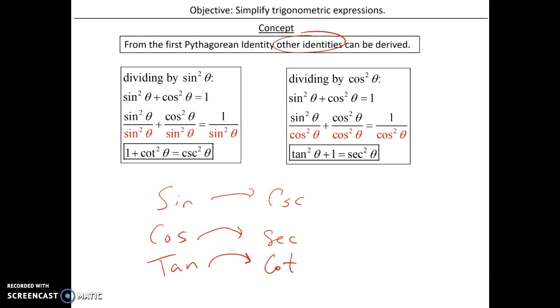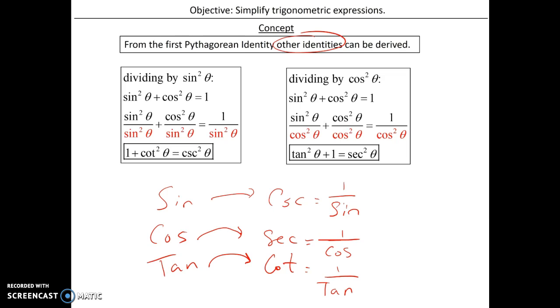The relationship is that cosecant is the reciprocal of sine, so 1 over sine theta is cosecant theta, secant theta is 1 over cosine, and cotangent is 1 over tangent.